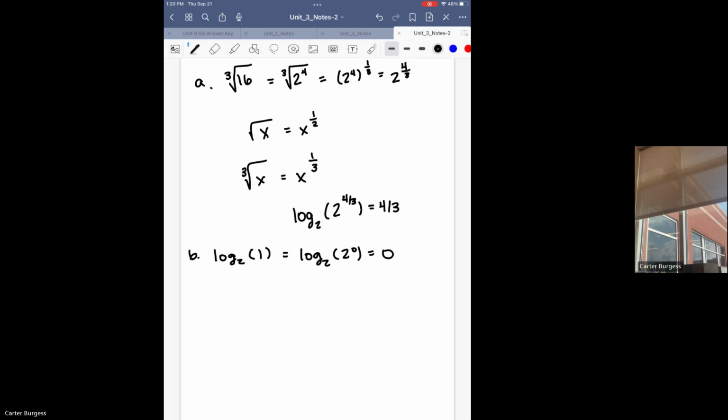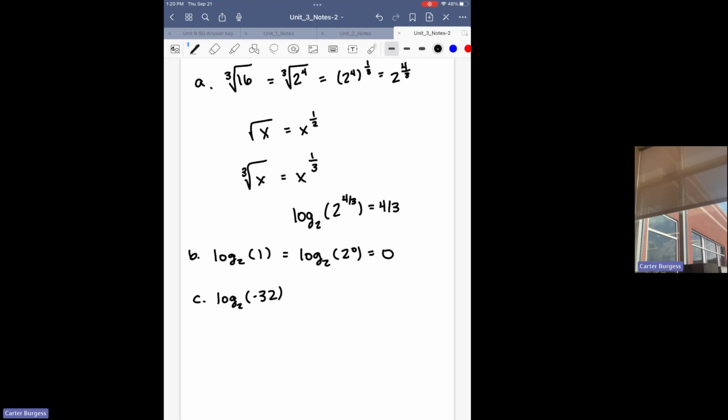Just 0. Very nice. In fact, any log base anything of 1 is always going to be 0, because any base raised to the power of 0 is just going to be 1. Very, very good.